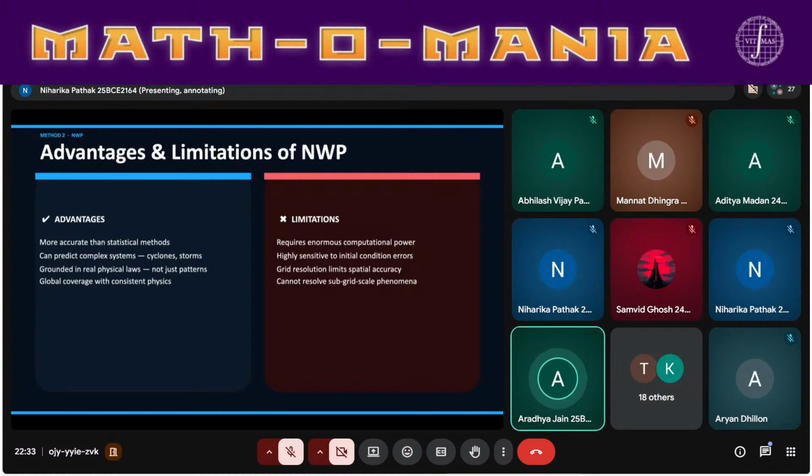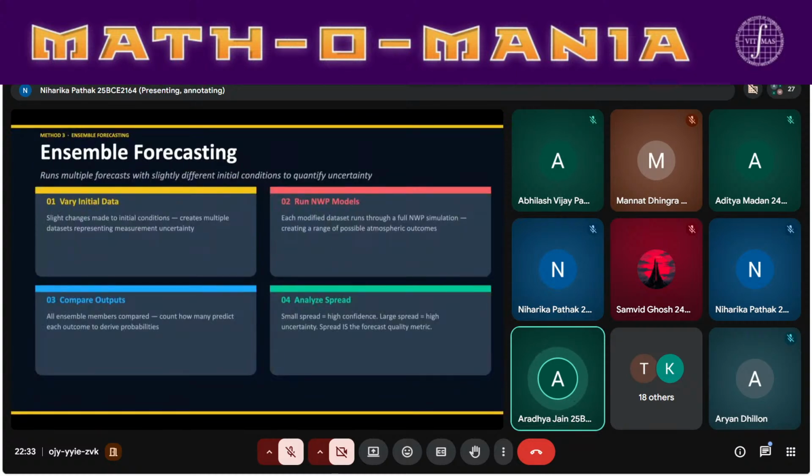So let's move on to the method which is my personal favorite, and it's called ensemble forecasting. Now, this method is actually a game changer, so let us see why. The first thing it does is vary the initial data. Previously, in the numerical weather prediction method, we created a precise initial condition, and small errors gave us different results, right?